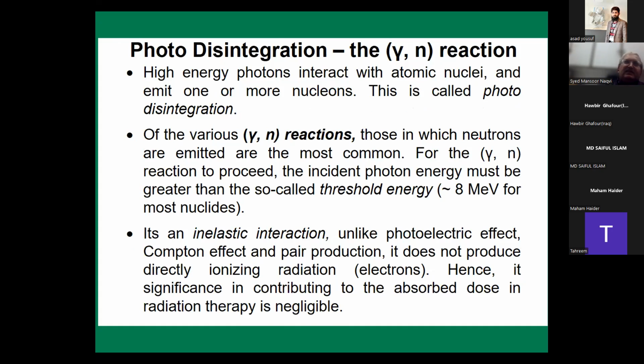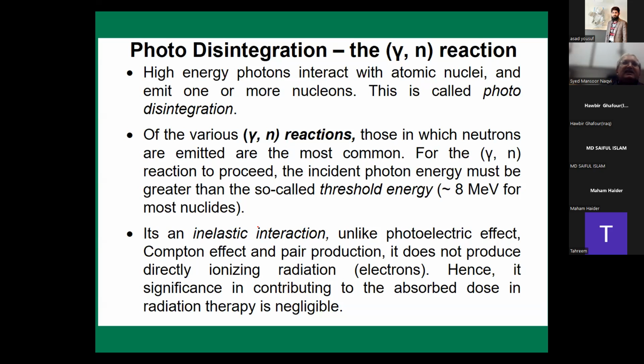Photo disintegration, where gamma rays are absorbed and neutrons are produced, is also happening as a nuclear reaction. So high energy photons interact with atomic nuclei and emit one or more nucleons. This is called photo disintegration. And of the various reactions, the gamma neutron reactions, those in which neutrons are emitted, are the most common. For the gamma neutron reactions to proceed, incident photon energy must be greater than the so-called threshold energy, which is 8 MeV for most of the nuclei.